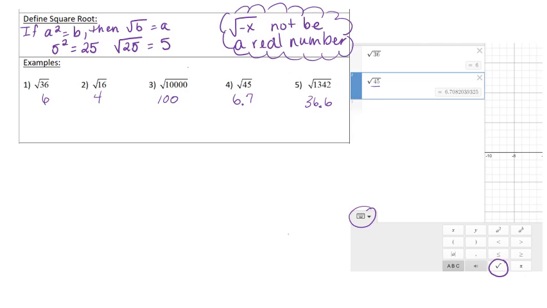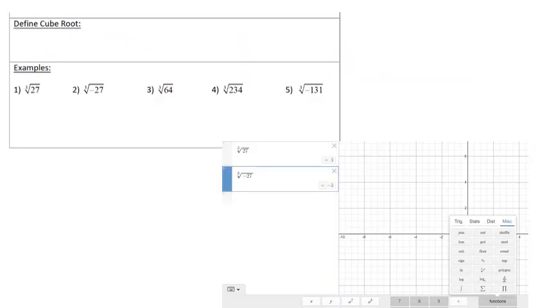And we're going to talk about simplifying roots later this year, where if it's not a whole number solution, how can we simplify the radical to a non-decimal answer, if that makes sense. It will when we talk about it.